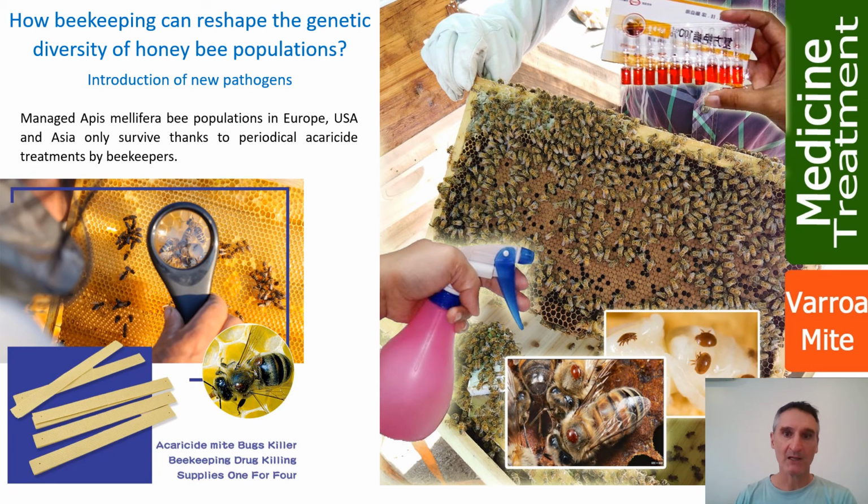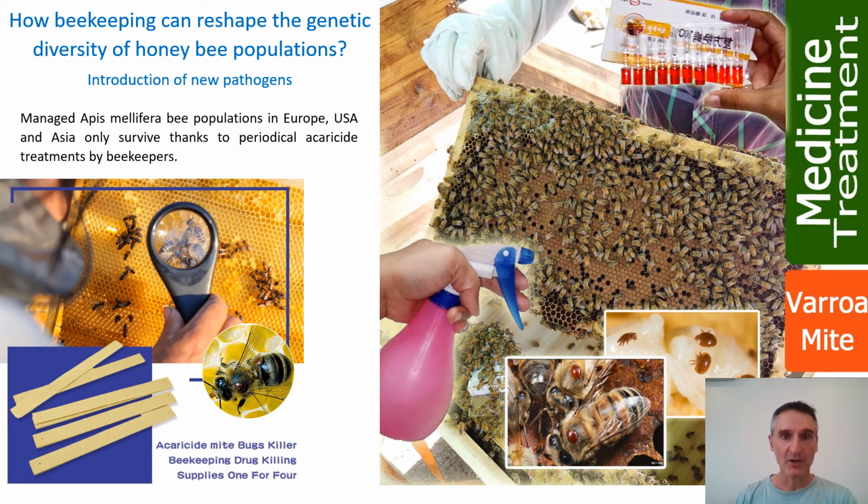Further than the demise of most of the European wild populations of Apis mellifera, managed bee populations of the western honeybee in Europe, USA and Asia only survive thanks to the periodical acaricide treatments by beekeepers.